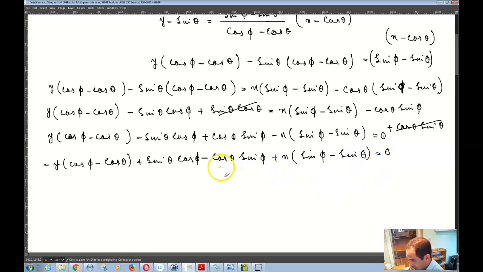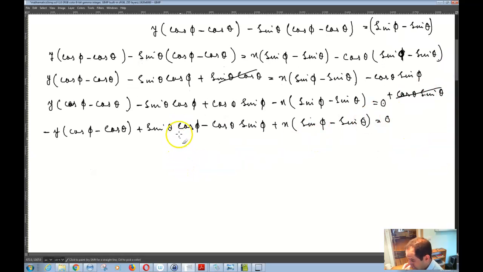And I did this because you know that basically sine of x minus y is equal to sine x cos y minus cos x sine y.